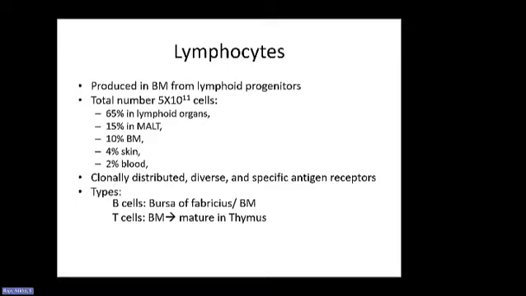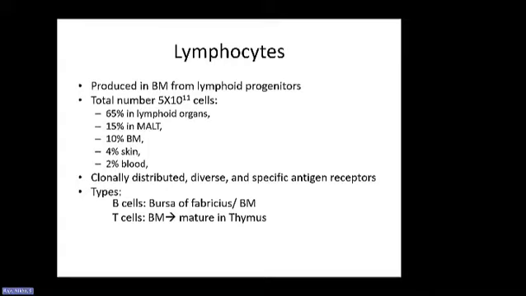Even though they make up about 40% of the blood cells, only 2% of lymphocytes in the body are found in the blood. The majority of them are in lymphoid organs, mucosal associated lymphoid tissue, bone marrow, and skin, and 2% are in blood.